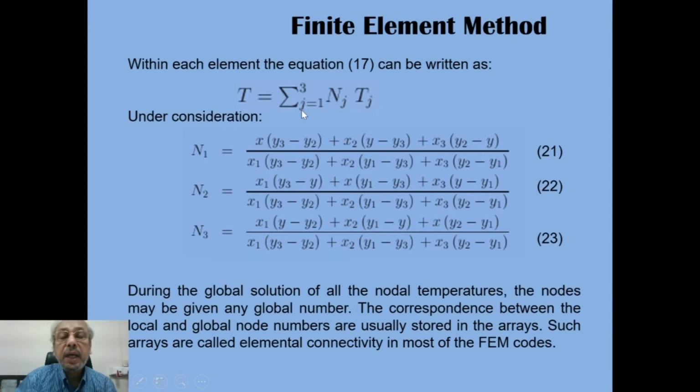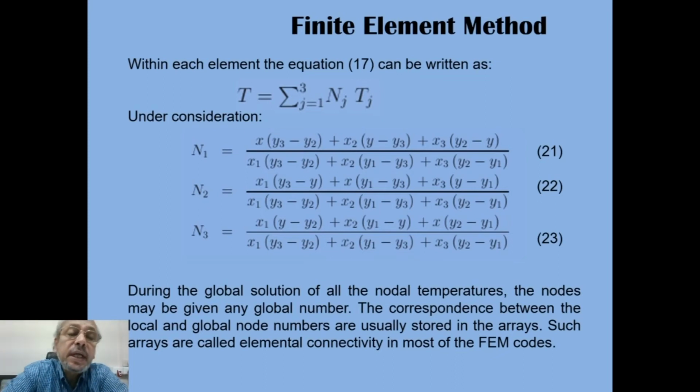Only thing, we had to write then i equal to 1 to 3 or k equal to 1 to 3. We have written Nj Tj, j equal to 1 to 3, which means it will be N1 T1 plus N2 T2 plus N3 T3.